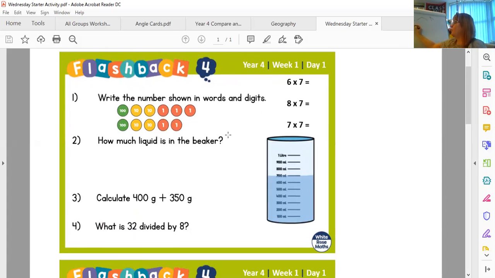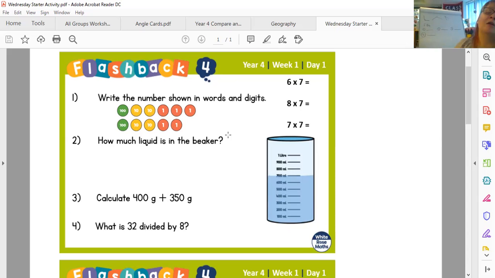You can do question 1 and your answer, question 2 on the same line and your answer, question 3 and your answer, question 4 and your answer, and then the times tables.